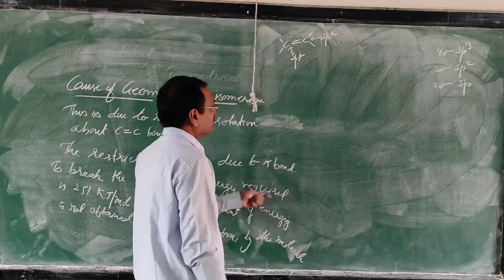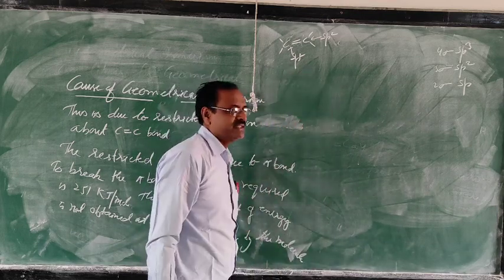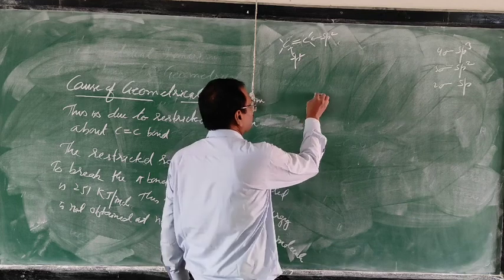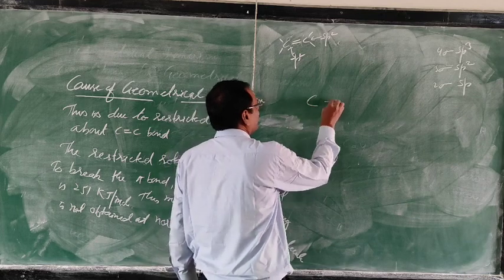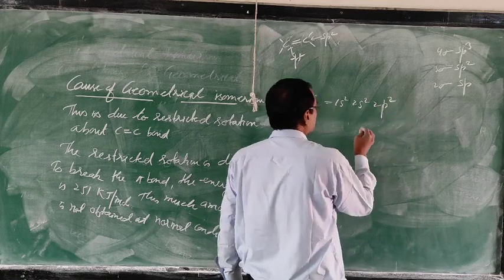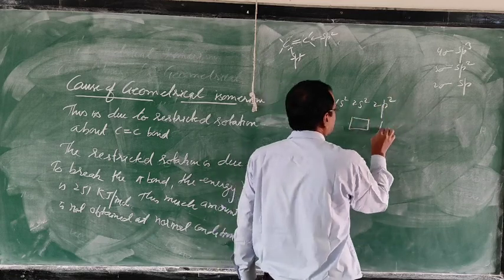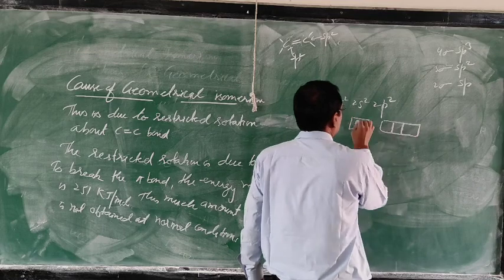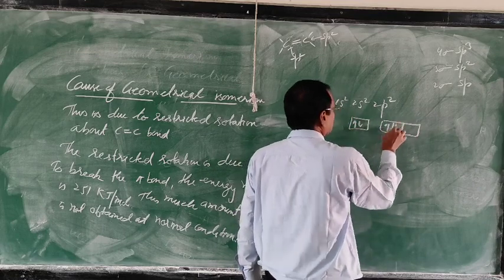So this carbon atom is sp2 hybridized. So ground state: 1s2, 2s2, 2p2. So this is the ground state. 2 electrons here, 2 here.